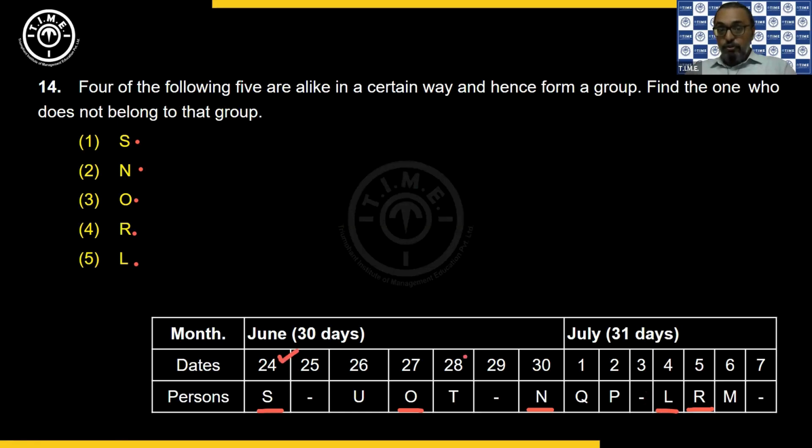We have 24, 30, 4, 5, and then 27. So R will be the answer because the remaining dates are composite number dates. 5 is not a composite number. It is not about even odd also because you have both 5 and 27 as odd numbers. It is about prime and composite.